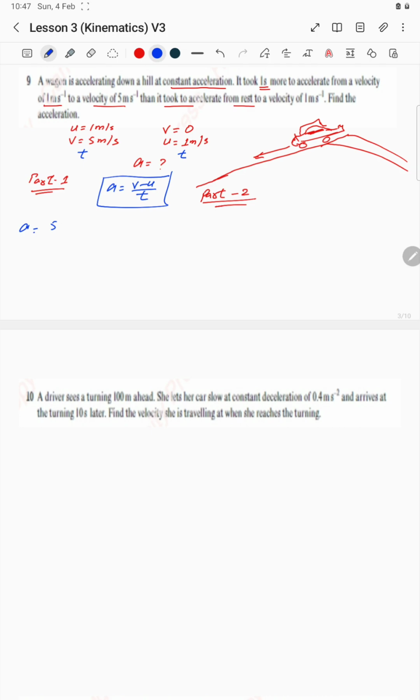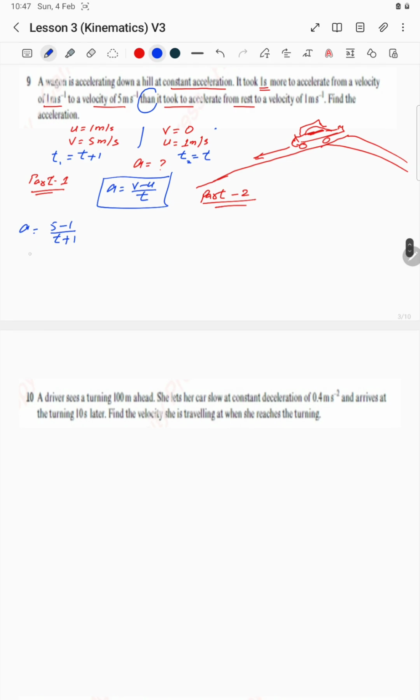So 5 minus 1 over t plus 1, because it takes 1 second more to accelerate here. Here time will be t plus 1, and in the second case time will be t. So we get a is equal to 4 over t plus 1, a relation between a and t.